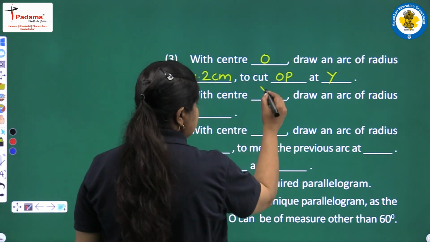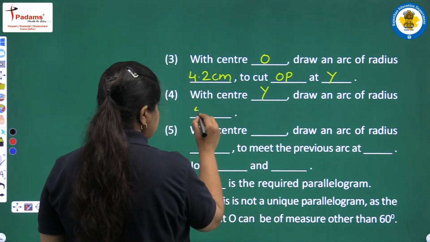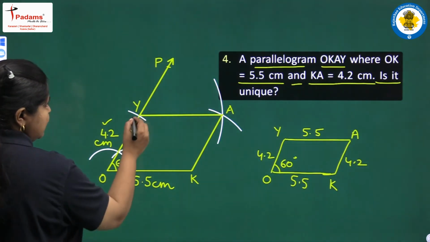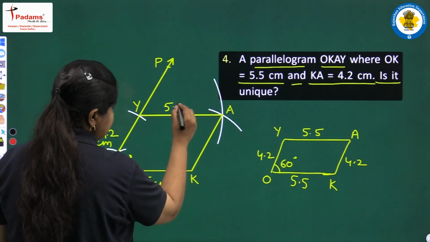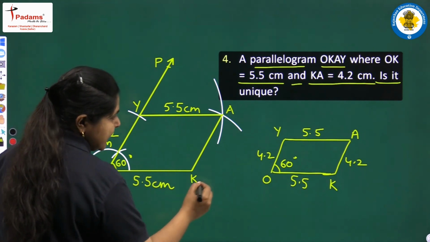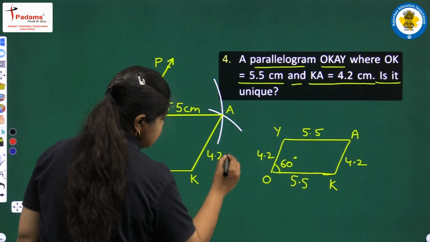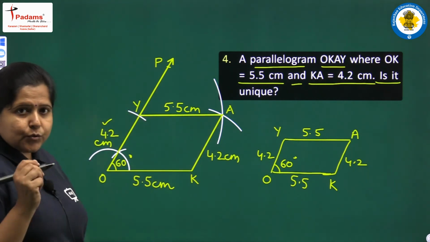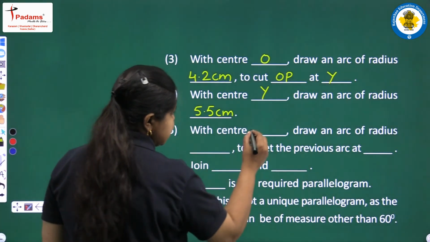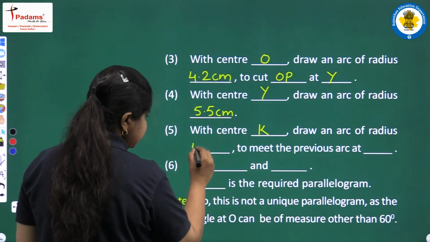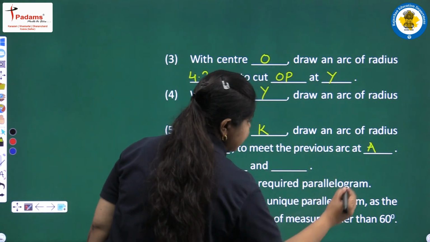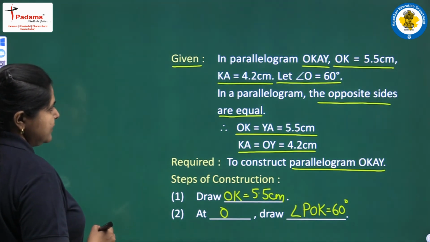Then with center Y, draw an arc of radius 5.5 centimeter. You can see with center Y, and this is the radius 5.5 centimeter, this distance, draw an arc, and then with center K and radius 4.2 centimeter, draw another arc, and the two arcs will intersect at point A. So we write here with center K, draw an arc of radius 4.2 centimeter to meet the previous arc at point A. And then what next we did?